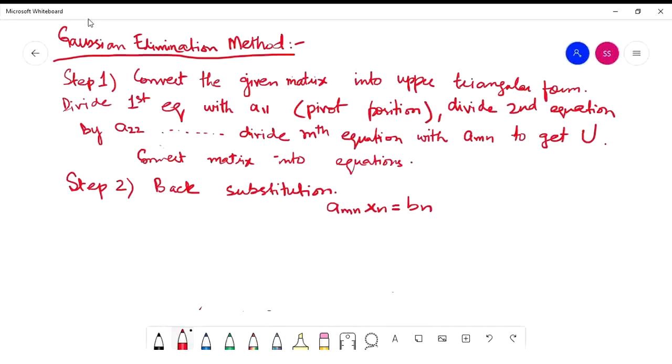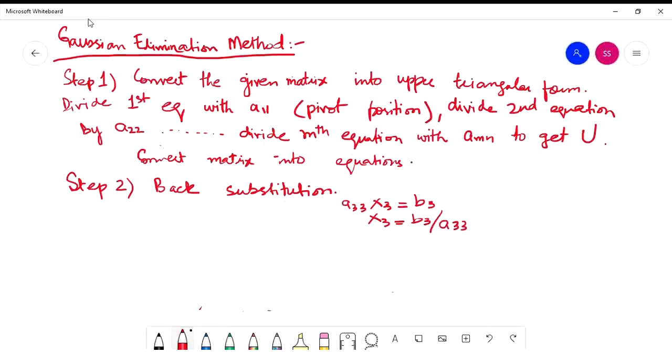If you suppose a 3x3 system, then for example A33 into x3 is equal to b3, so x3 is derived like this, since b3 is a constant.